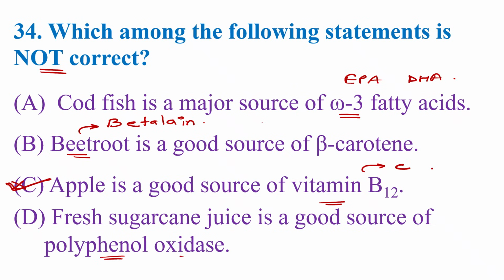So yes, fresh sugar cane juice is a good source of polyphenol oxidase. It is actually an enzyme which is present in this juice, and it is responsible for the browning reaction. So over here, my correct option will be option number C.